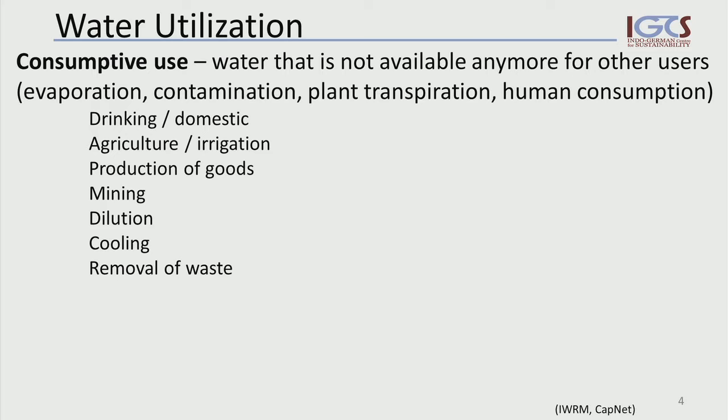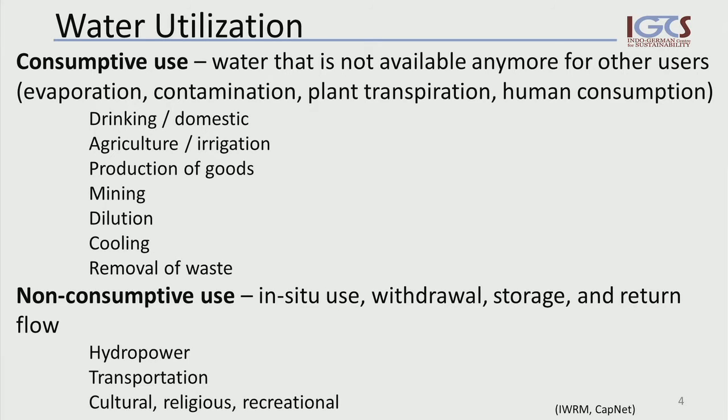Such consumptive use occurs with domestic water use, with irrigation in agriculture, with the production of goods, with mining, dilution, which leads to contamination, with cooling, and with the removal of our waste, our water-based sanitation systems.